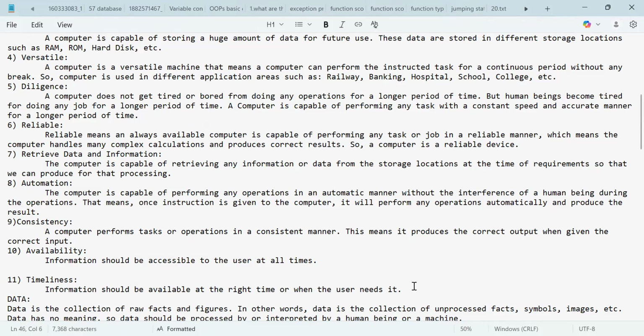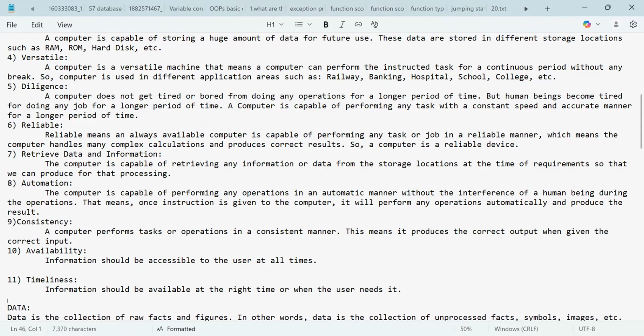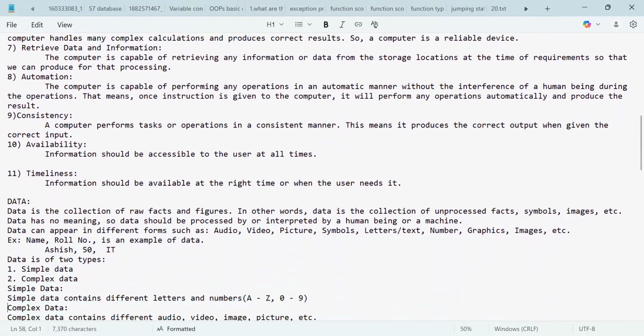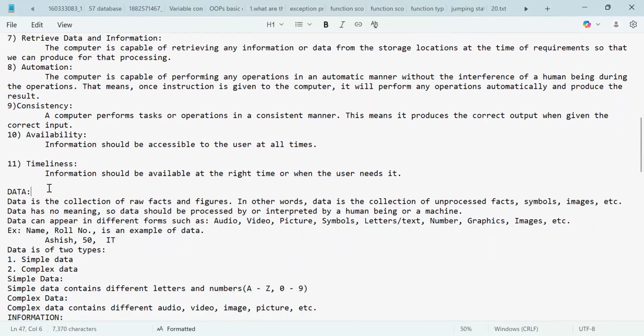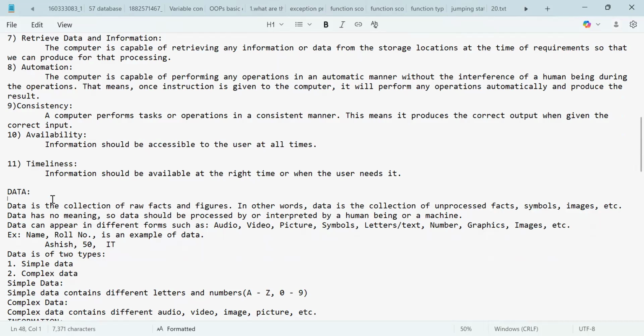Next I will discuss what data is. Data means raw facts and figures. In other words, data is a collection of unprocessed facts, symbols, images, etc. Data has no meaning by itself, so it should be processed or interpreted by a human being or a machine.